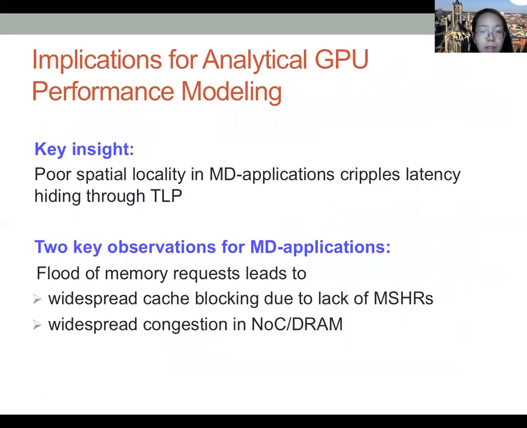Hence, the key insight in the MDM model is that the poor spatial locality in memory divergent applications cripples the latency hiding through thread-level parallelism in GPUs. We also made two observations for memory divergent applications. First, a flood of memory requests leads to widespread cache blocking due to lack of available MSHRs. It also causes widespread congestion in the NoC and DRAM.